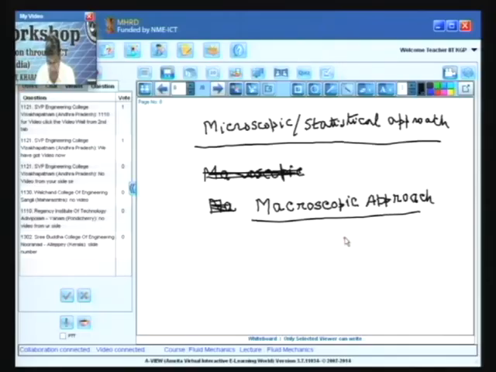In the macroscopic approach, it goes one step further. What does it do? It senses the property by an instrument which captures the gross average behavior of the molecules at that location, which is being manifested as the macroscopic property at that particular location, and this is being sensed and captured by that instrument. This is known as the macroscopic approach.